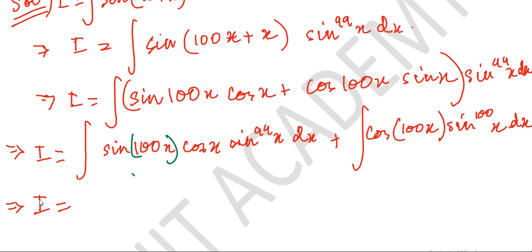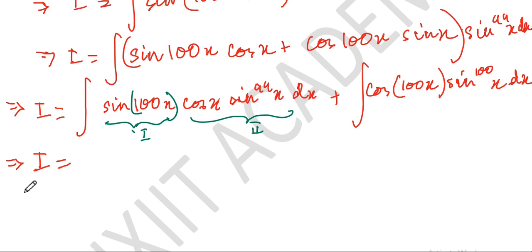For this type of sums, you have to understand by observation which one will be the first part and which will be the second part. So let us take this as the first part and this as the second part.